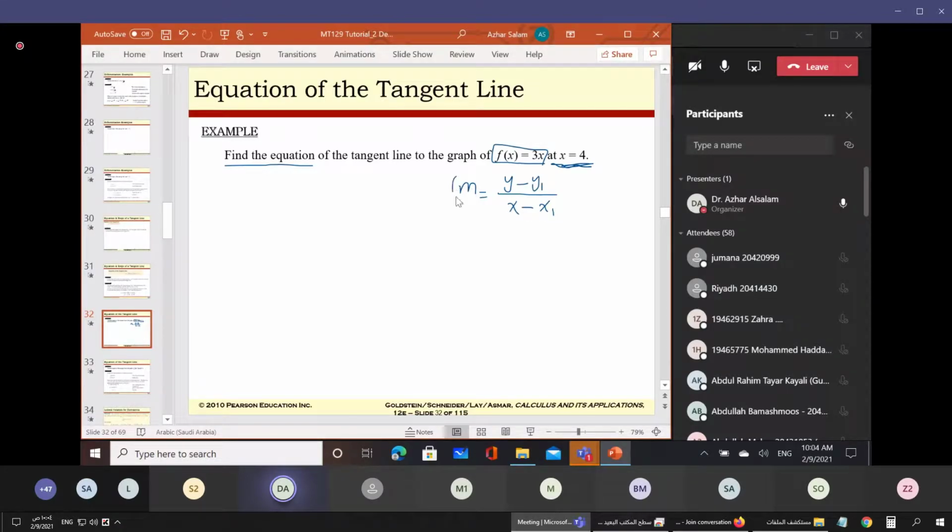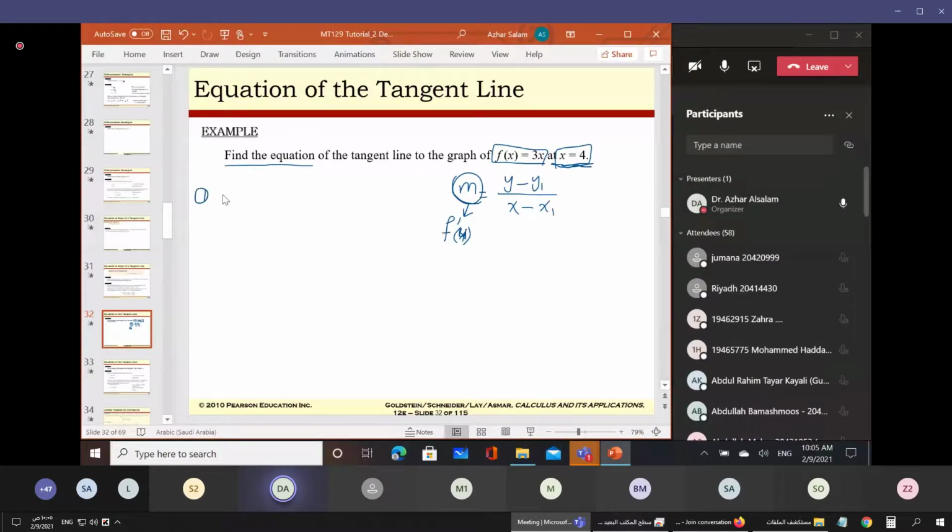Where can I get the m, which is the slope? The slope for any graph, tangent line, or for a graph at a certain point, I find using f dash of x, and substitute x equals 4. So here I will find f dash of 4.